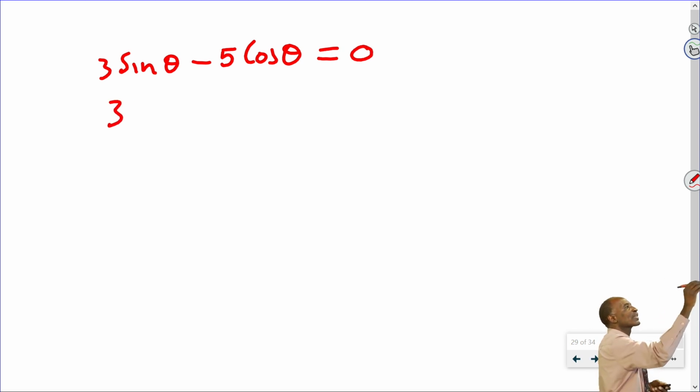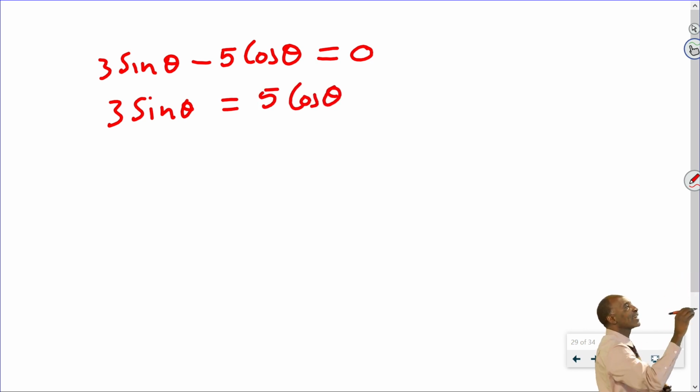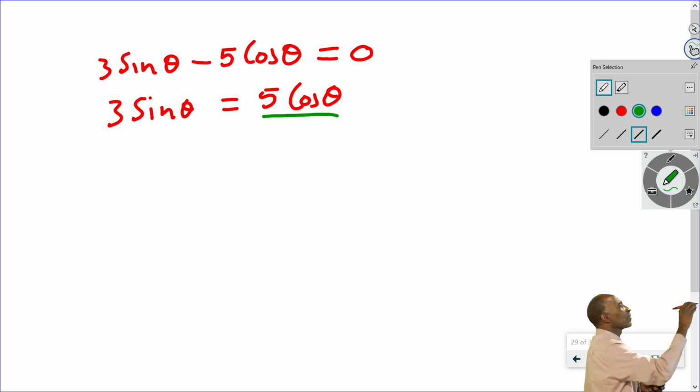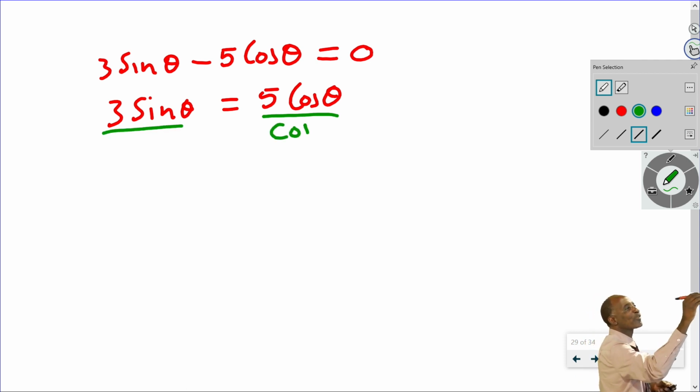I'm going to move it: 3 sine theta equals 5 cos theta. Then let's divide both sides by cos theta.